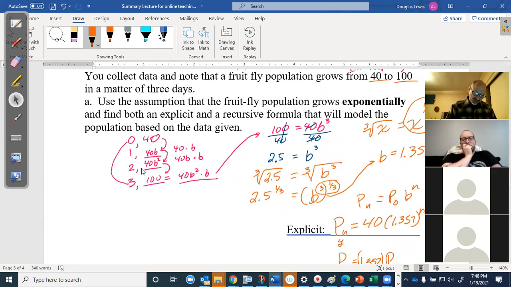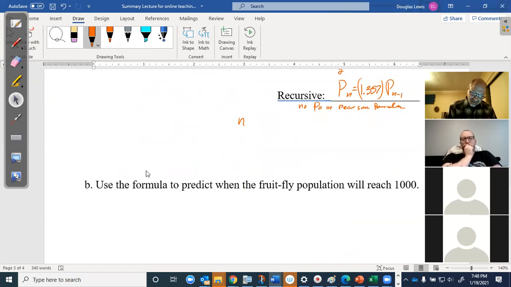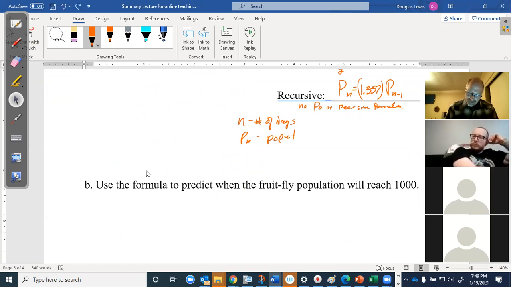So these numbers over here are days, and these numbers are the population. So n is the number of days, and P sub n is the population.